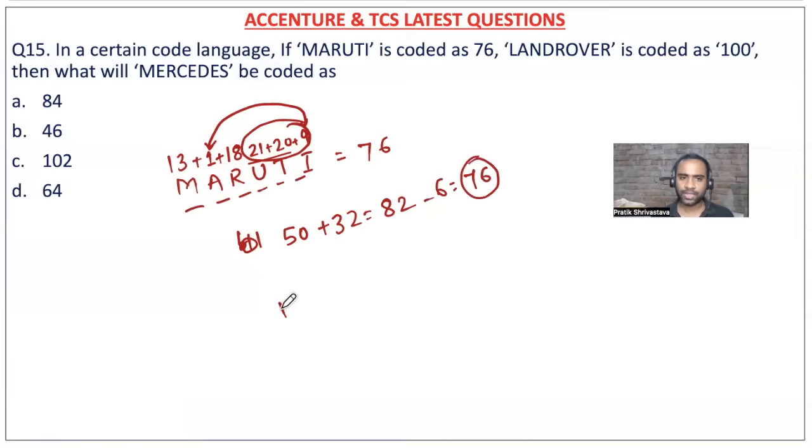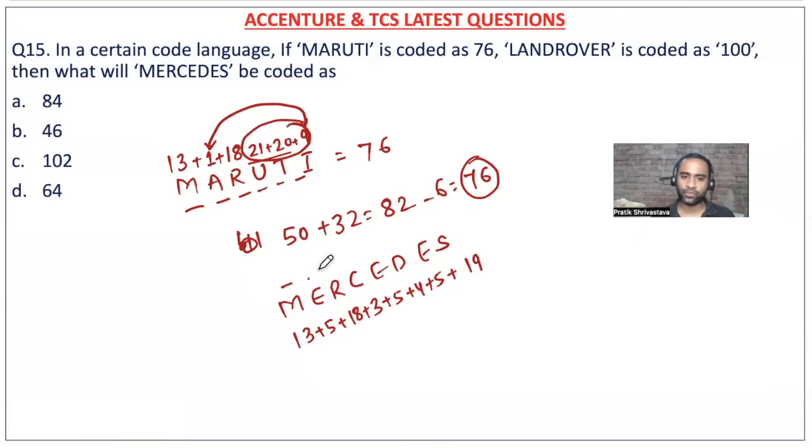Then they are asking, what will be the code for Mercedes? No problem. So M is 13, E is 5, R is 18, C is 3, E is 5, D is 4, E is 5, and S is 19. Right? Okay. How many letters? 1, 2, 3, 4, 5, 6, 7, 8. Subtract 8 from it. Now if you subtract 8 from it, so 5, 3, 8, and 8 cancelled.